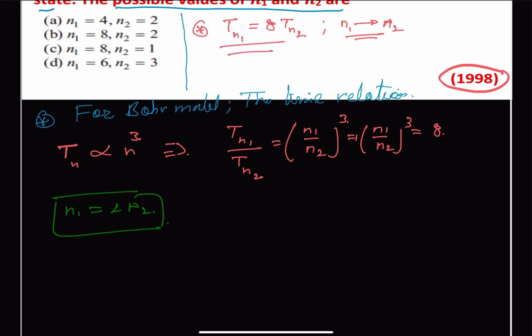So this gives us that n1 is equal to 2 times n2. Okay. Now this is the basic relationship, and one by one we can put the various values and try to judge whether this relationship holds true or not.